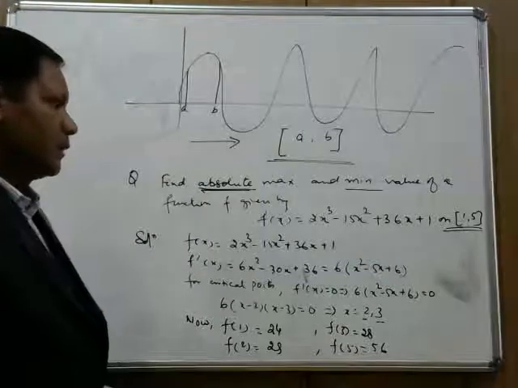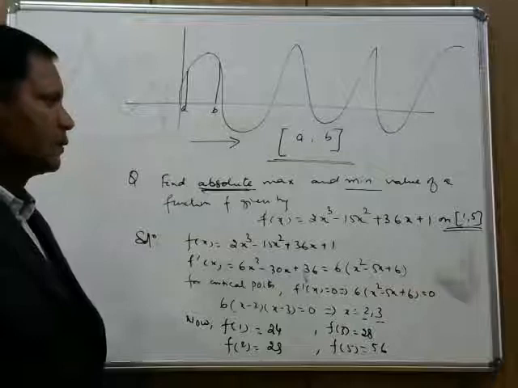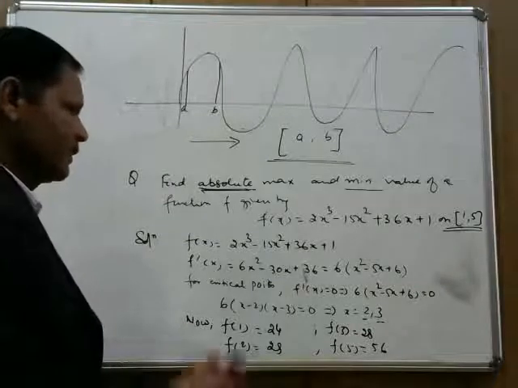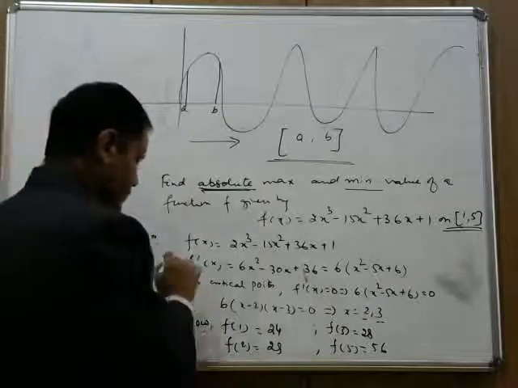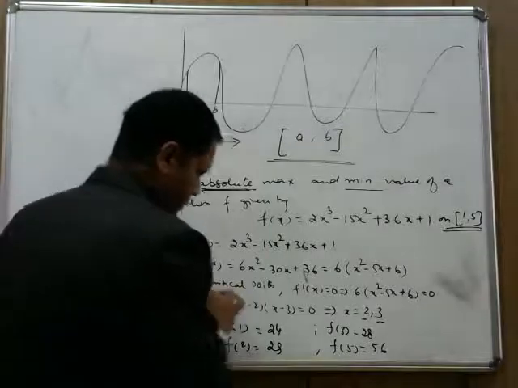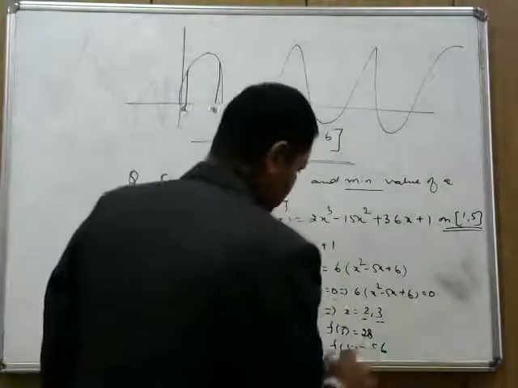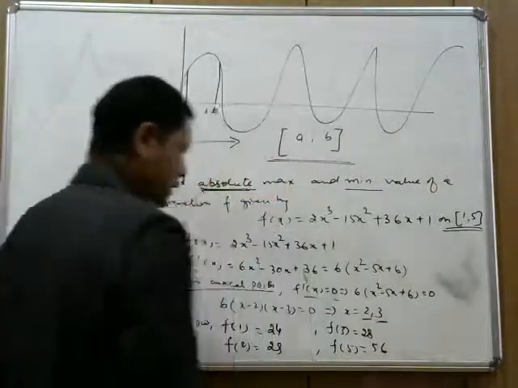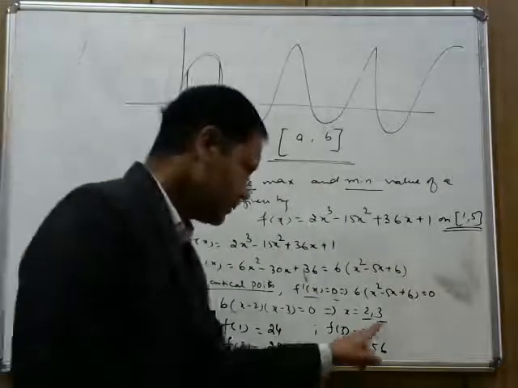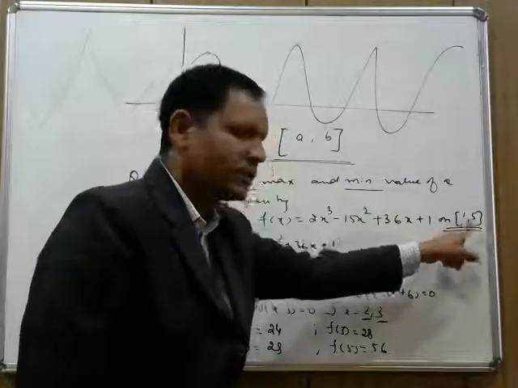Therefore, in order to find the absolute maxima and minima, don't differentiate a second time. Simply find the critical points, that is C1 and C2, and these two interval endpoints as C3 and C4.